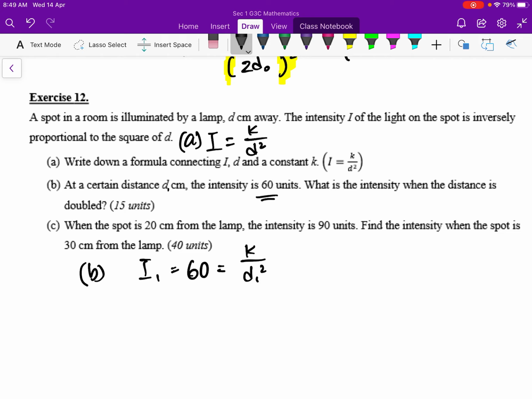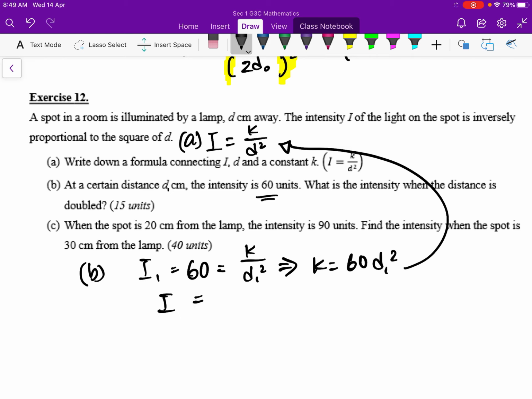Here we have substituted in values already. So k will be 60 multiplied by d1 squared. And then I substitute this back inside here. Our updated formula is I equals 60 d1 squared over d squared.